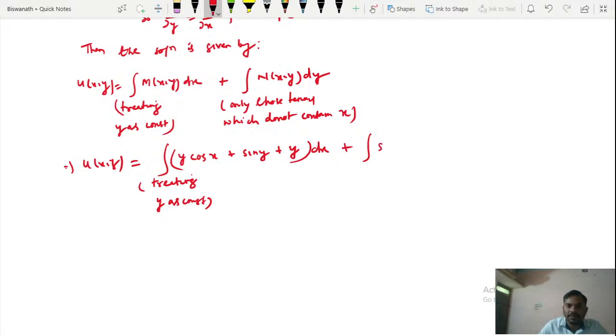And what is your N of xy? This is your sin x plus x cos y plus x. So this is your N of xy, and below the integration I will write: only those terms which do not contain x.